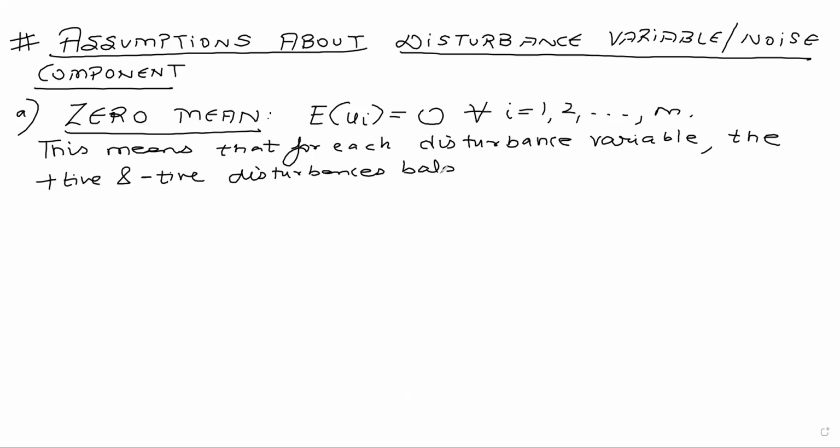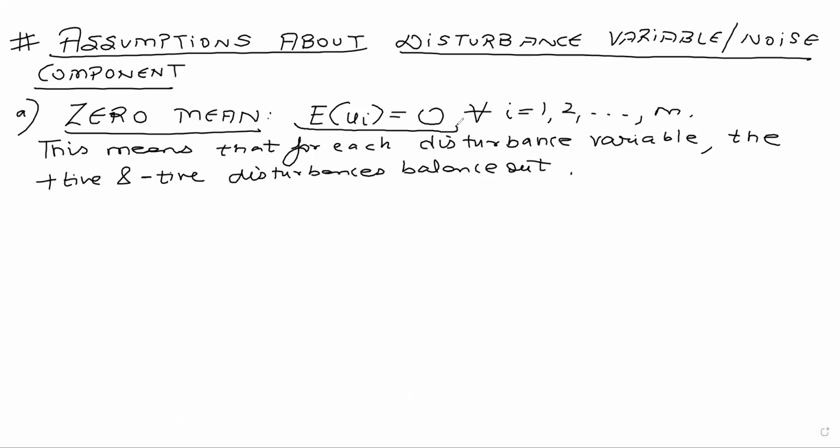What does this mean? For every fixed value of x, y will take a lot of values. Since y will take a lot of values, ui will also take a lot of values for one given value of x. So on average, the positive and the negative values of the error term will cancel out. So expected value of ui will be equal to 0.